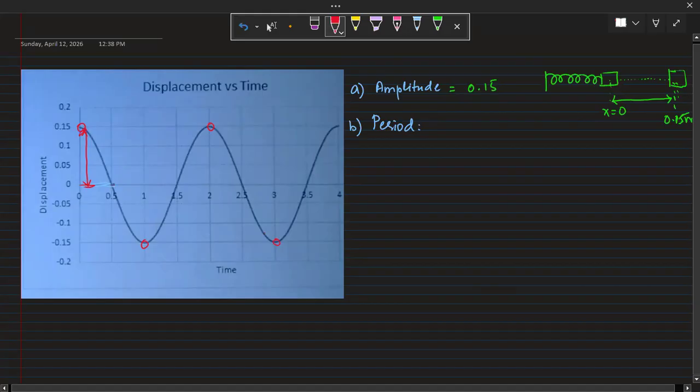You can also consider from this point, I'm calling it P, and then end your first wave at Q, right? So considering this trough and that peak or crest will give you one wave, right?